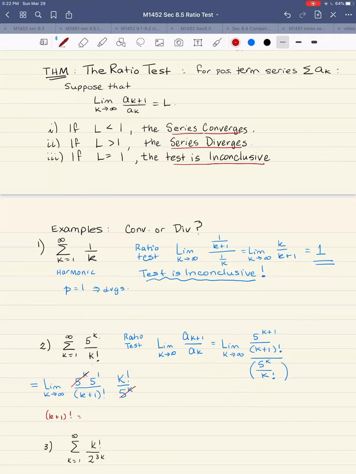Now I'm going to think of k plus 1 factorial as k plus 1 times k times k minus 1 all the way down to 1. But that'll be k plus 1 times k factorial. So I'm going to write that up here.